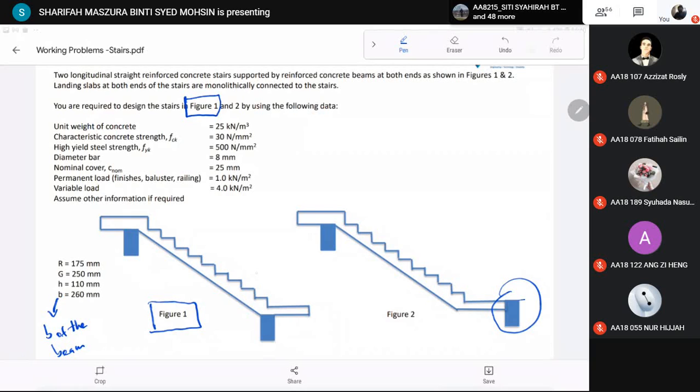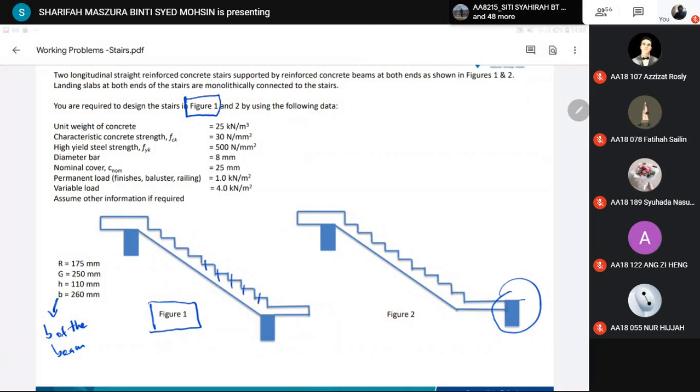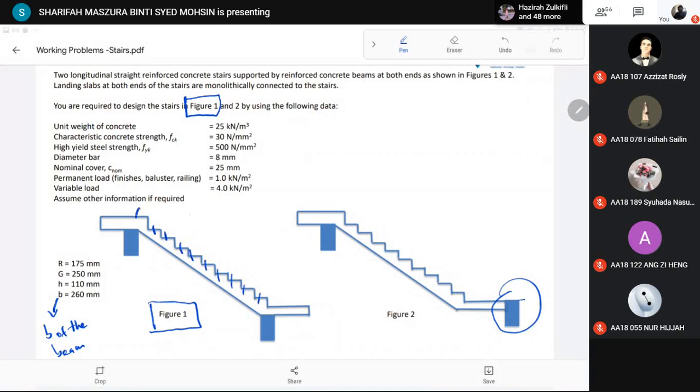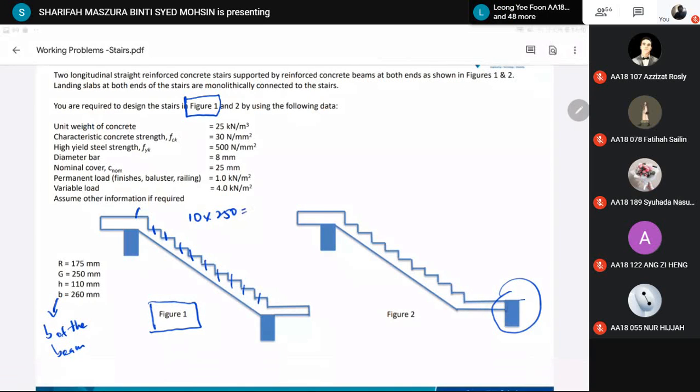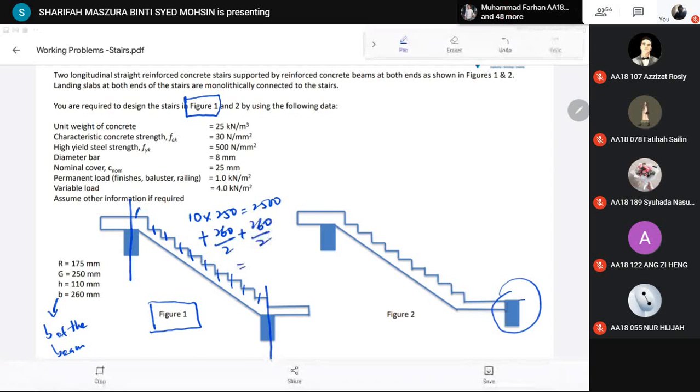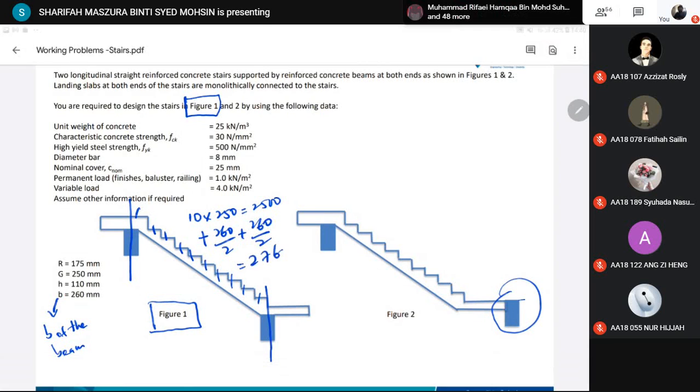So number of steps 1, 2, 3, 4, 5, 6, 7, 8, 9, 10. So 10 times going 250, we get 2500 plus half of the beam width. So we get total span of the flight is 2760 mm.